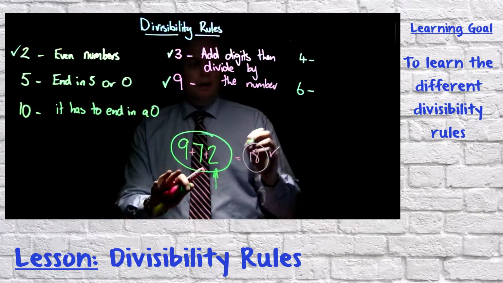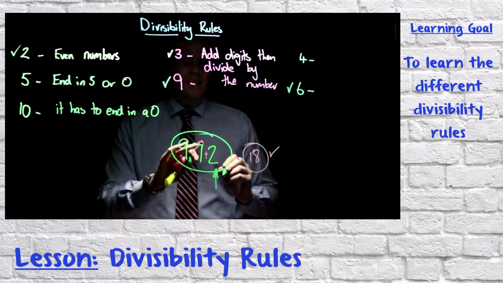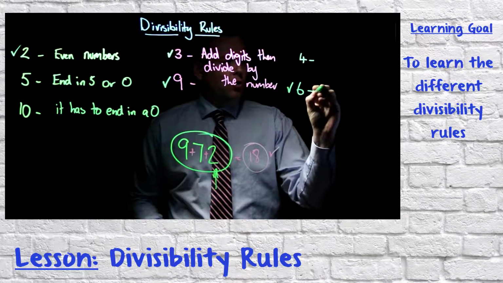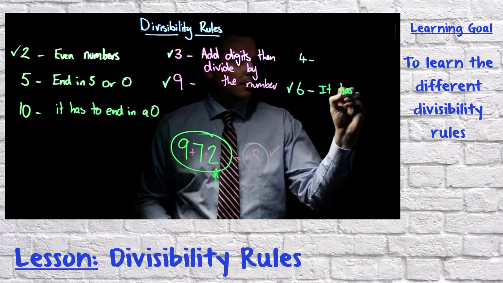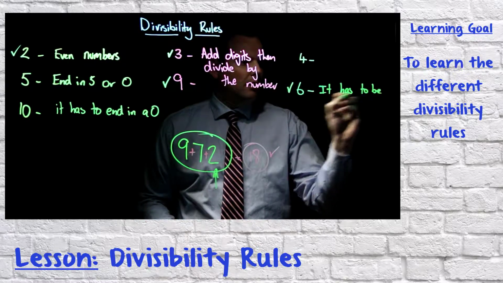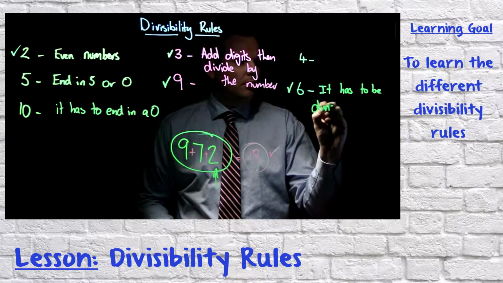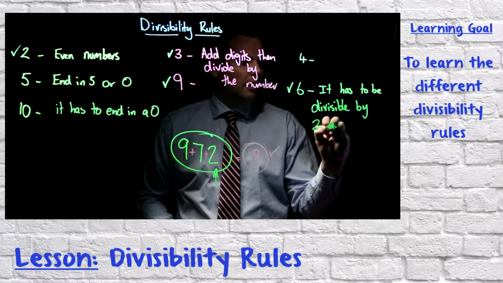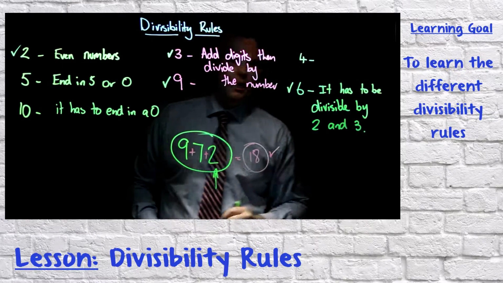So that means our number here, 972, is also divisible by 6, okay? So our rule there is it has to be divisible by 2 and 3, okay?